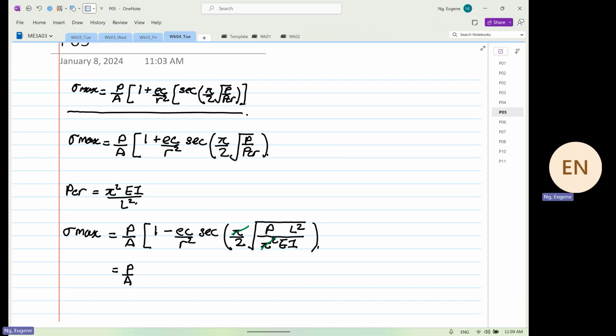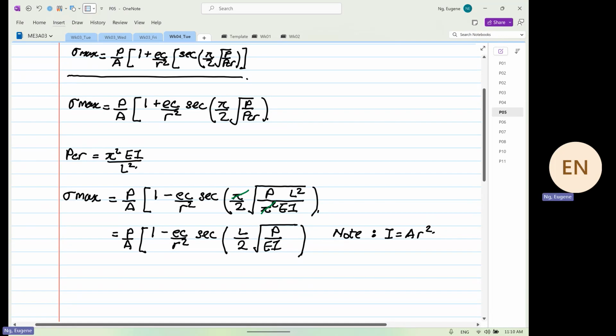Okay, it's okay. So P over A, 1 minus EC over R squared secant. So I'm going to bring out L over 2. And this term will be equal to P over EI. And then I'm going to say note again that I is equal to A R squared.